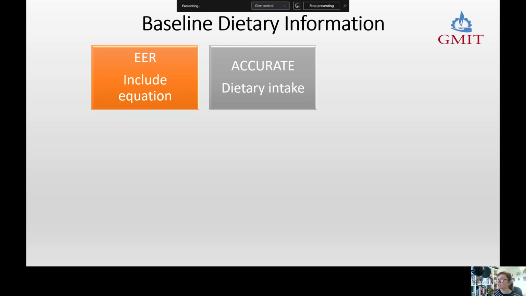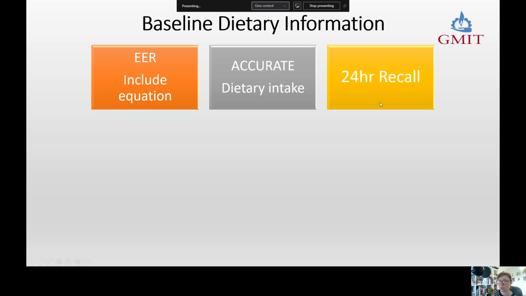The next thing that you want to do is get dietary information. So capture what are they eating at the moment. And in big writing here, you've got accurate dietary information. So we can take this in a few different ways, but it's so important that you make sure that this is accurate, or as accurate as possible, because it's very difficult to gather dietary information.